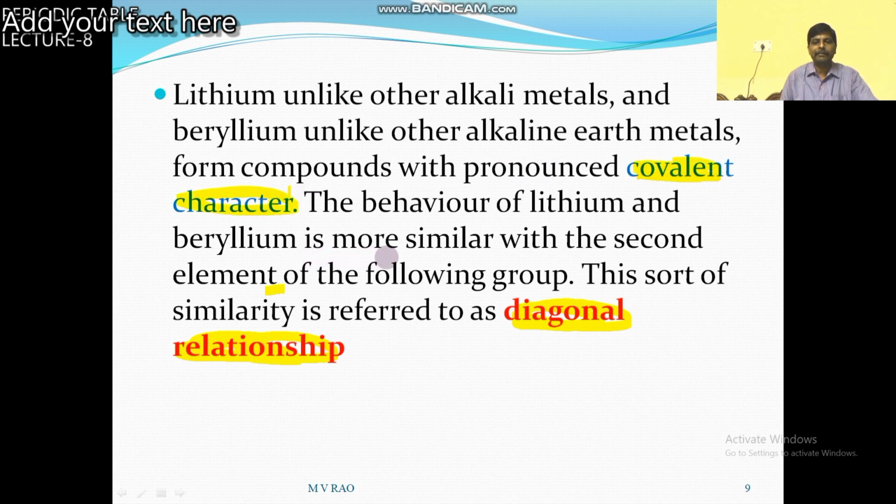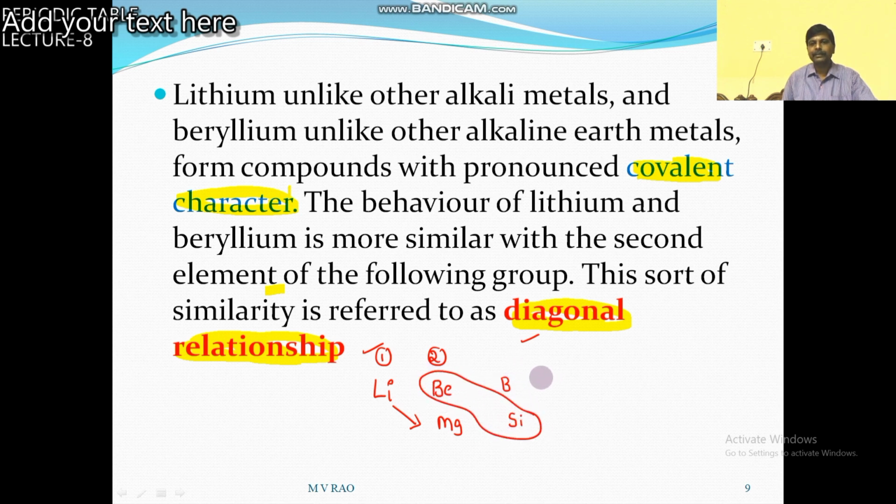Lithium and beryllium are more similar to the second element of the following group. This is called the diagonal relationship. Lithium is a group 1 element, the following group is the second group, and here the second element is magnesium: diagonal relationship. Beryllium, here boron, silicon.